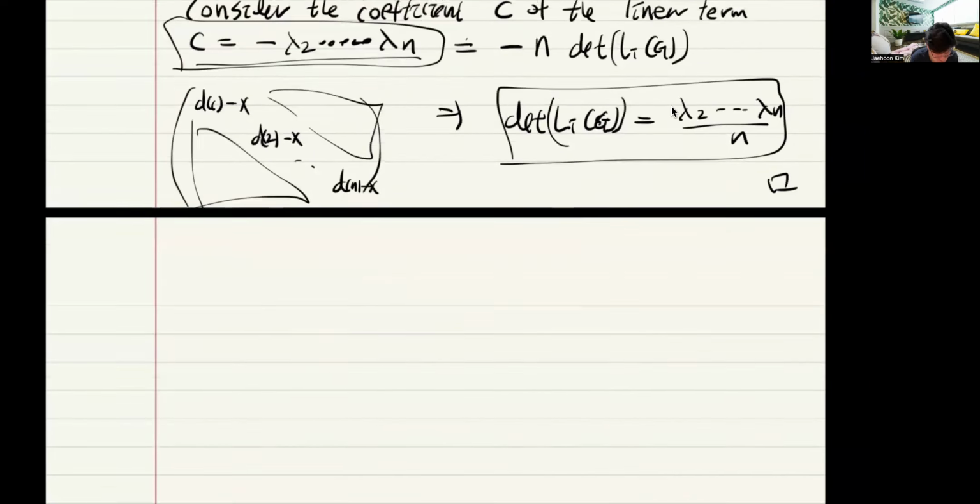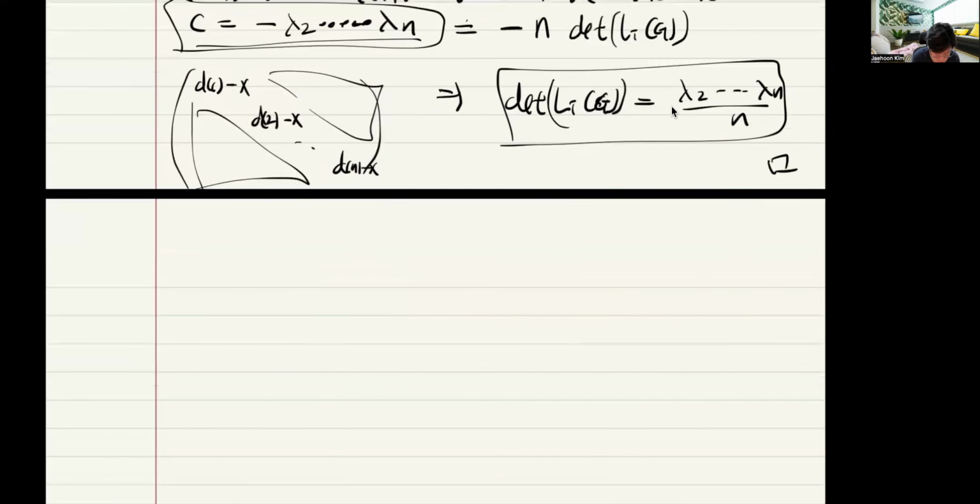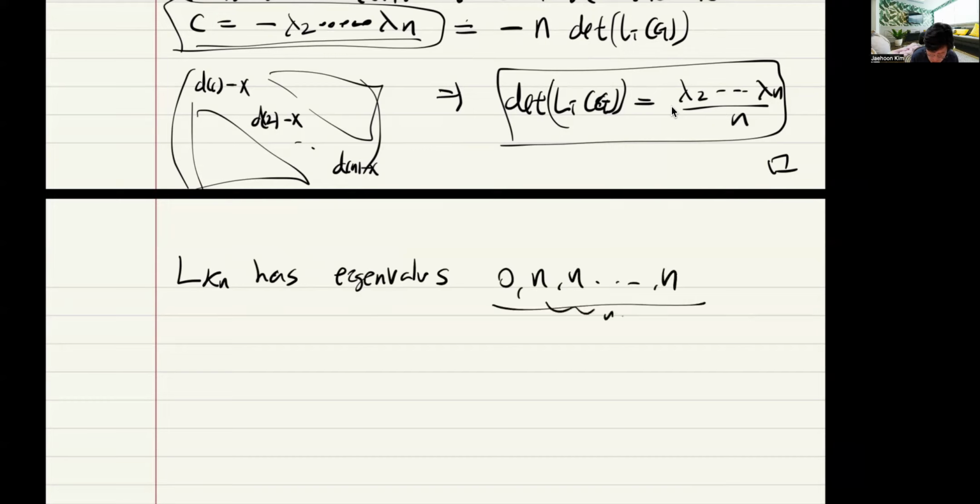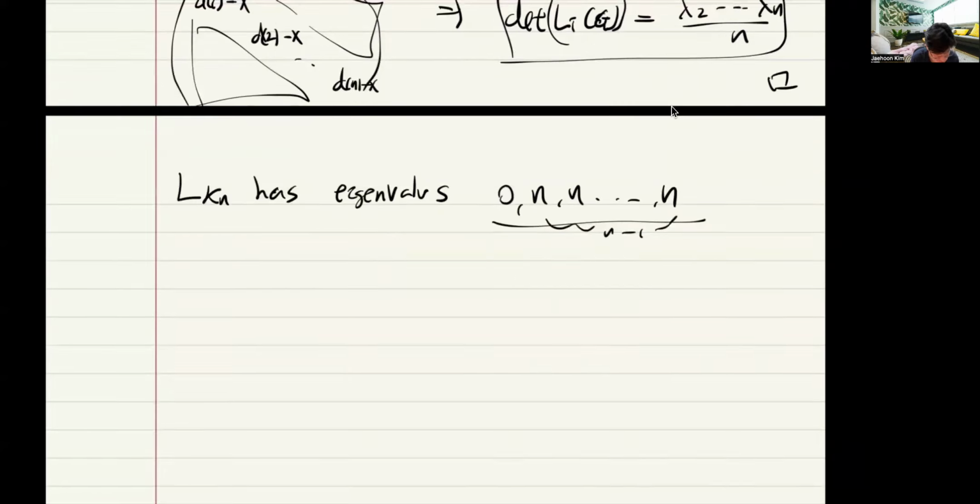And in particular, if we try to compute the Laplacian of the complete graph, you can check that it has eigenvalues 0, n, n, n. So n minus 1 copies of n and one 0.